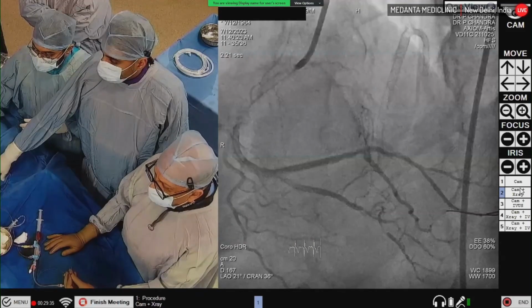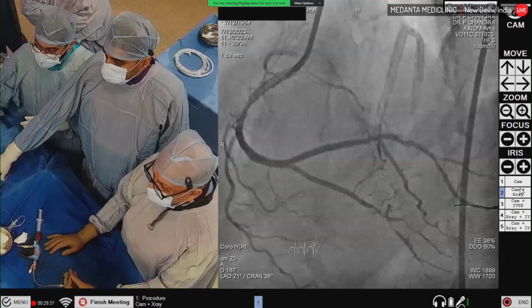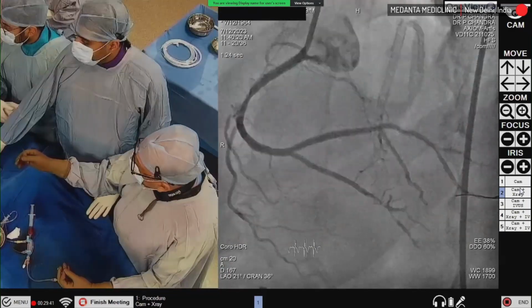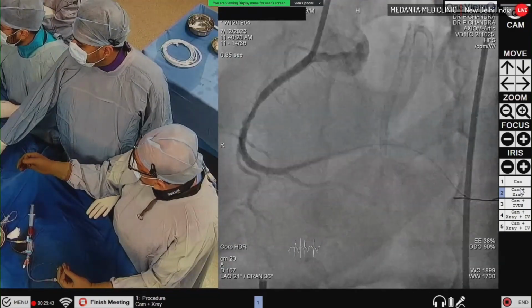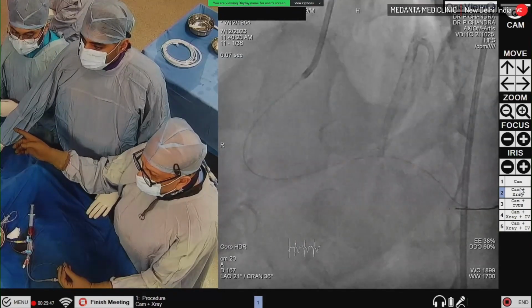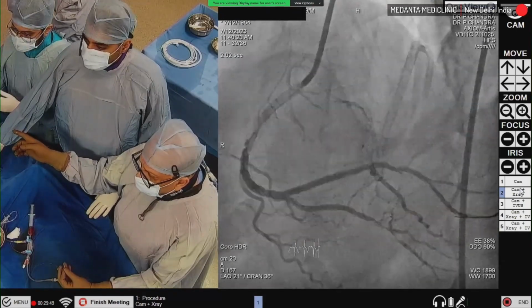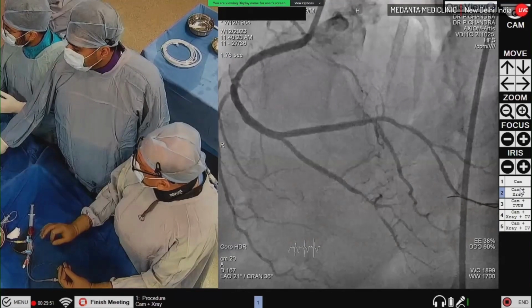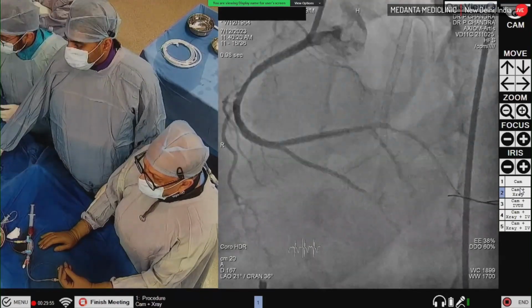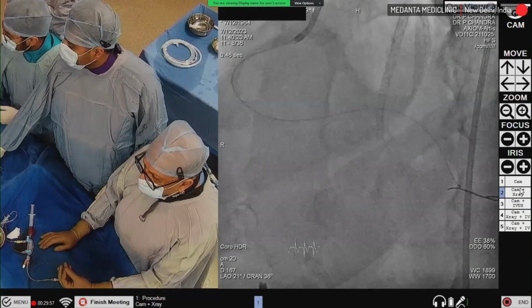And now you can see that this PLV is growing bigger and bigger and bigger. So, yeah. 2.25. What do you have? 35. 35. 25 will be better. Then give me 25. 2.25, 25. Yeah.